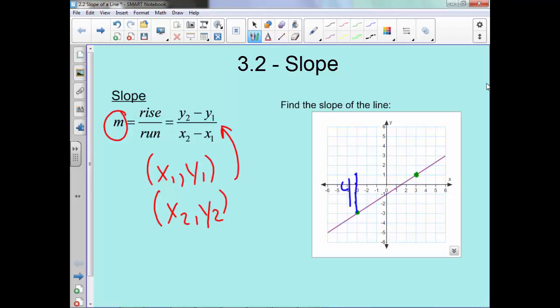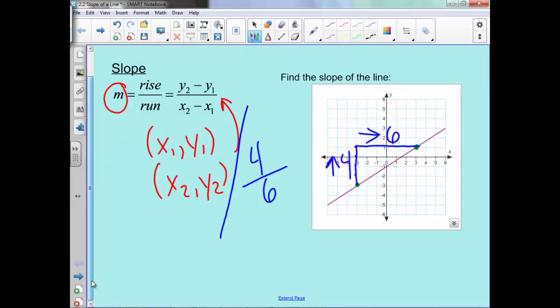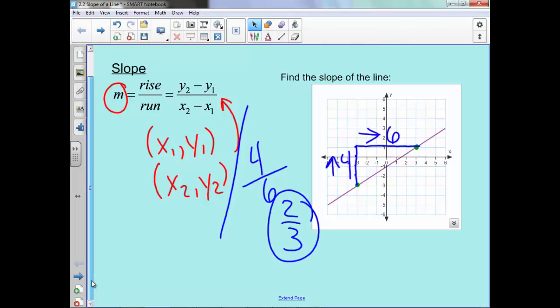So our rise was 4 over our run, which was 1, 2, 3, 4, 5, 6. Notice we went up 4 and in the positive direction 6, so our 4 and 6 are both positive. But then we want to reduce. We can divide them both by 2 and get 2/3. So the slope of that line is 2/3.